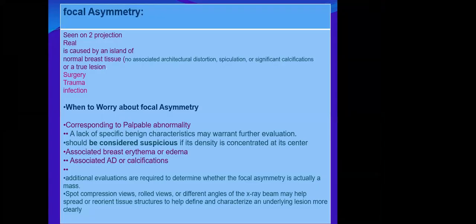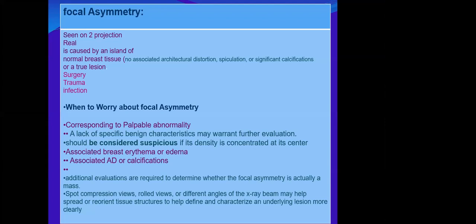So we said focal asymmetry seen in two projections is real. It commonly represents an island of normal breast that might not even disappear on a spot magnification view. We need to differentiate it from real lesions.